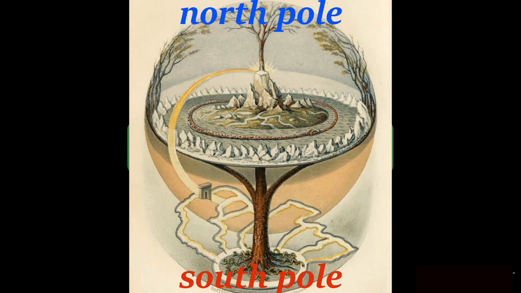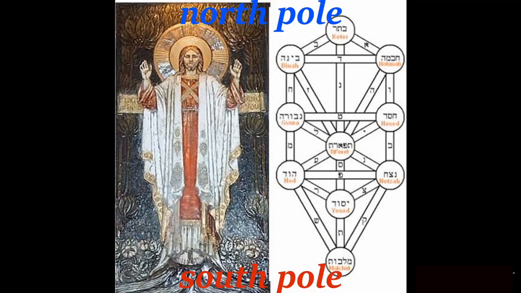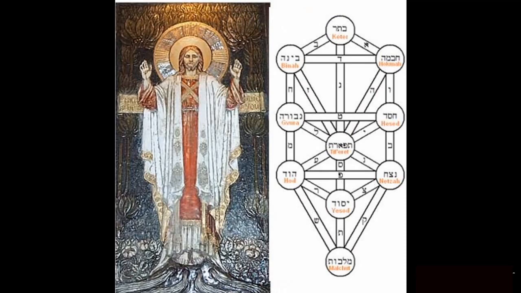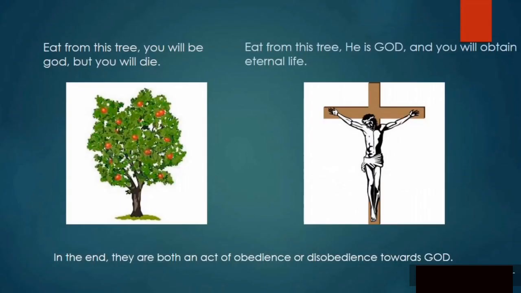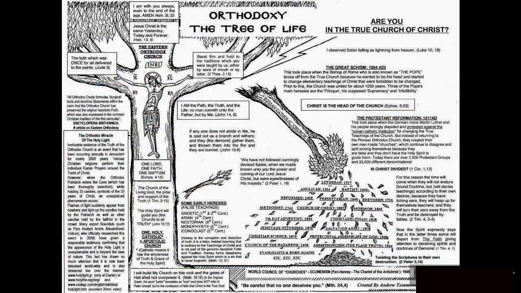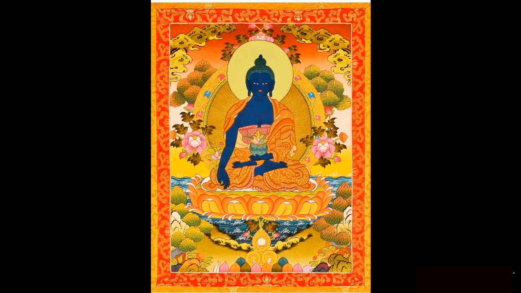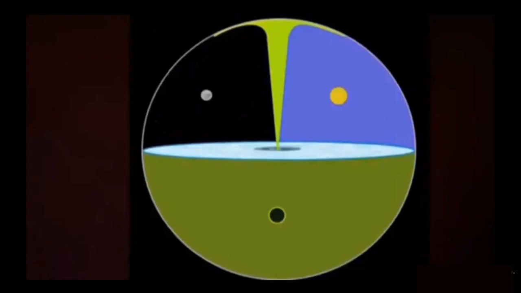When you look at the ideal of flat Earth, you would see how they got this set up. The tree of life. You see the same thing all around the world. It's telling you the same thing.